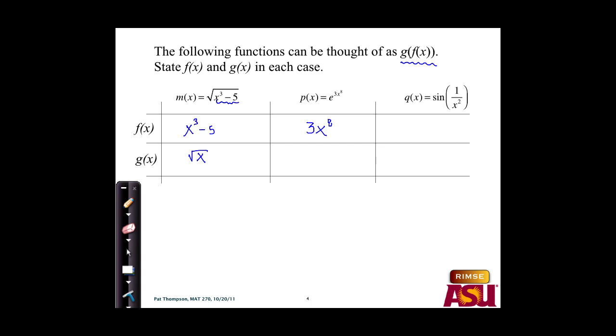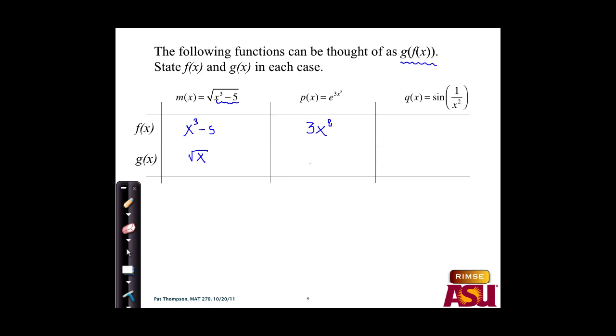P of x, the whole thing, is e to this. So if this is supposed to be g of f of x, and f of x is that exponent, then g of that needs to end up looking like e to the 3x to the 8th. So what's g of x?